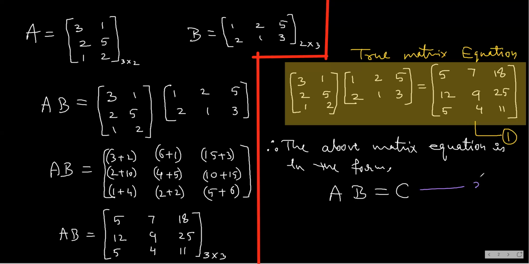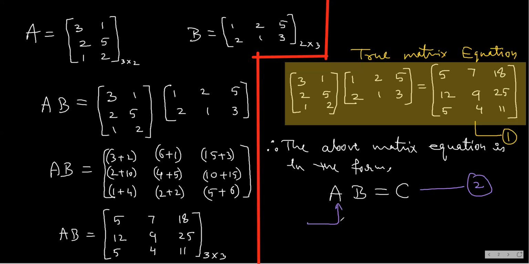Let me write this as equation number 2. Remember one thing, students, that when I say transformation, I'm going to transform one of these two matrices. I will bring some changes in one of the matrices.